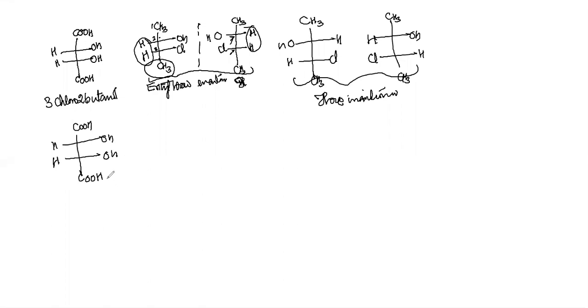This is tartaric acid. You can draw 4 forms for this. One is a mirror image of this, which is also erythro. COOH, COOH, H and H. These two forms are mirror images of each other.